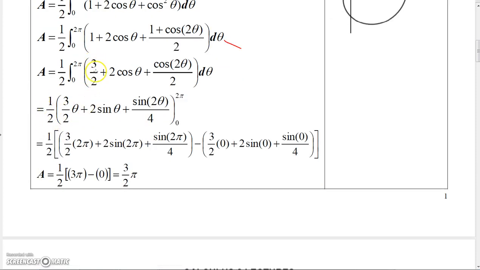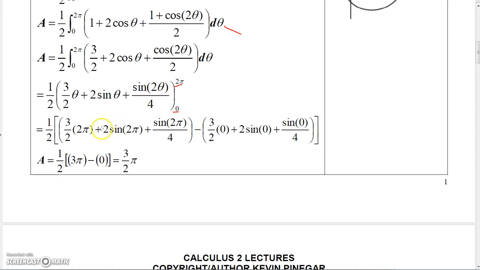Then when we integrate this with respect to theta, we get 3/2 theta. This integrates to 2 sine theta. This one integrates to sine 2 theta over 4. And then remember, we're evaluating it from 0 to 2 pi. At 2 pi we get 3/2 times 2 pi plus 2 sine of 2 pi plus sine of 4 pi over 4.